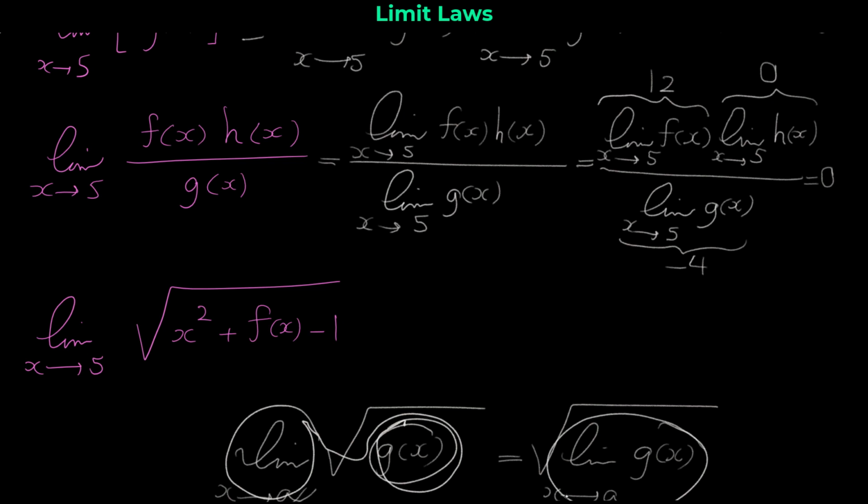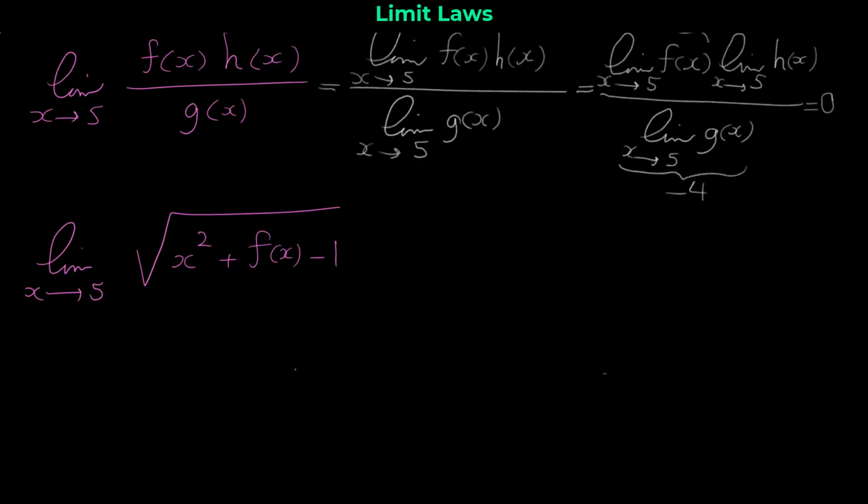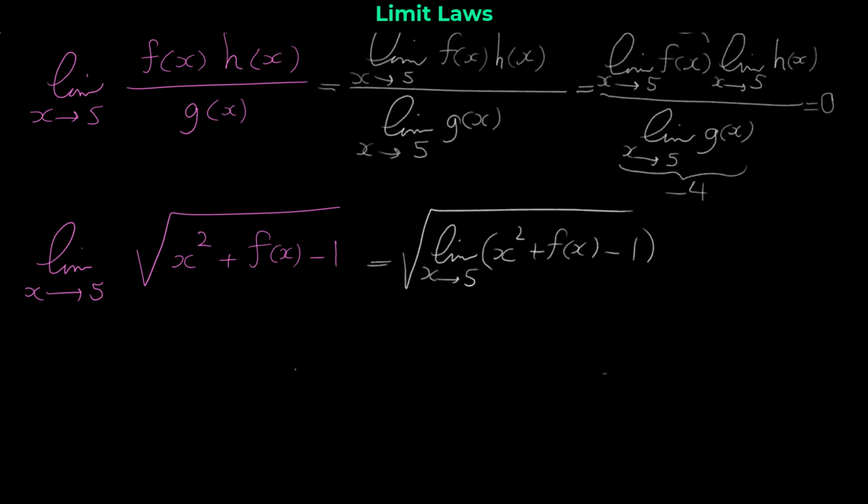Then, of course, you can move it to the inside of the radical. So based on this law, we can write this limit as the square root of the limit as x approaches 5 of x2 plus f of x minus 1. You can write the limit in this form.